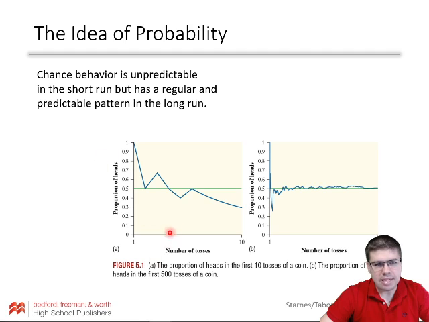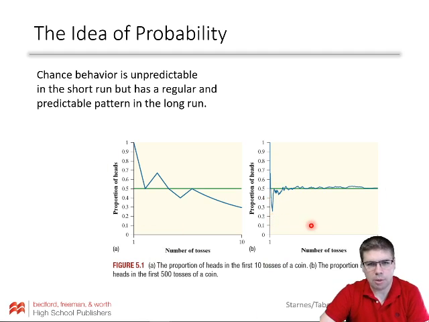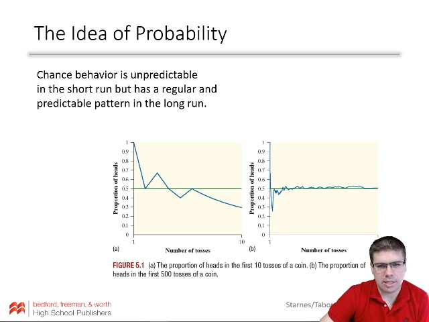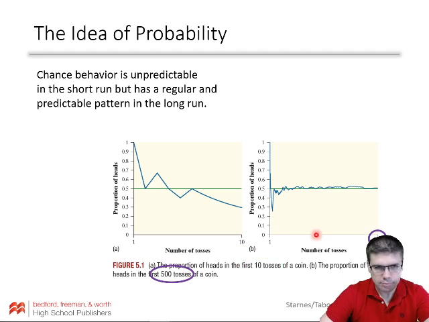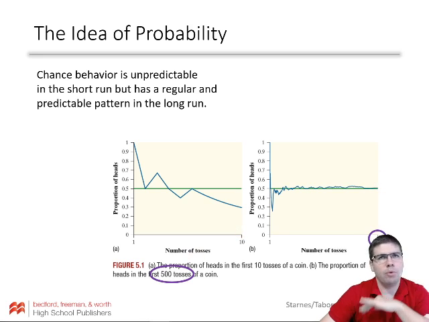But what happens eventually over time, and you can see this in the second one, over the long period of time, it starts to settle out into something very predictable. It's going to end up being 50% heads in a coin flip. So we have our first 10 runs versus the long term, those 500 flips. We start to get very close to 50%, and that will always happen if we repeat this process.